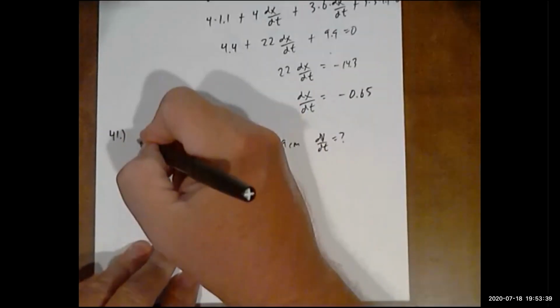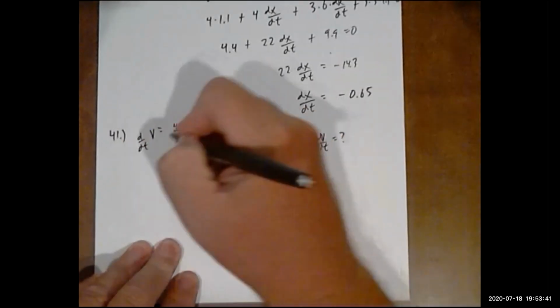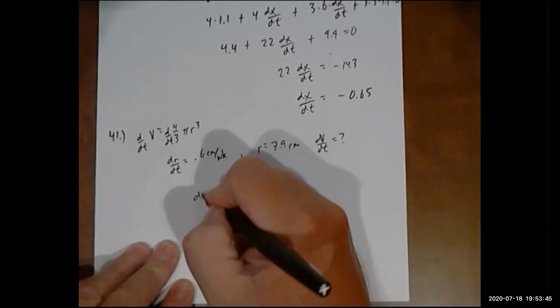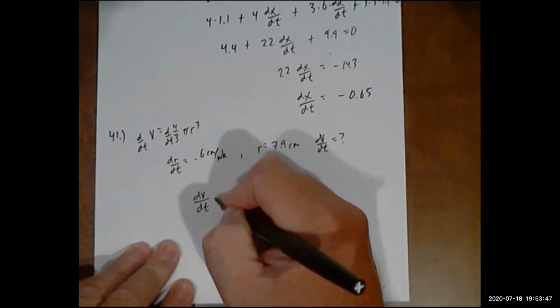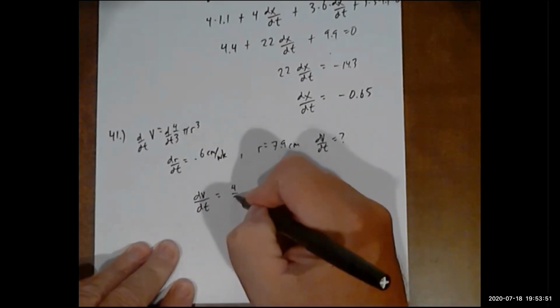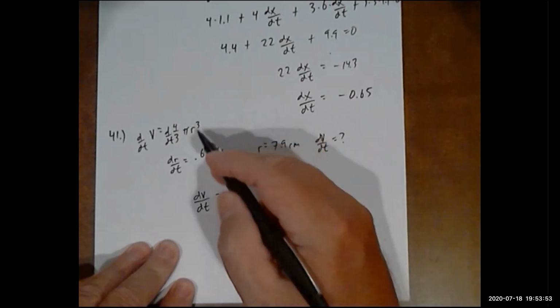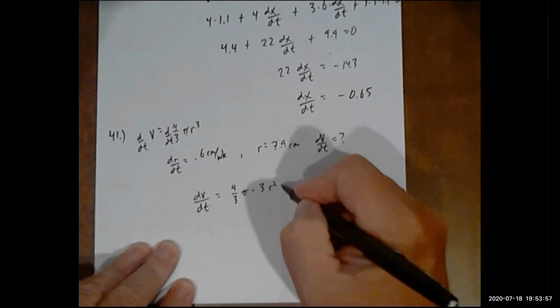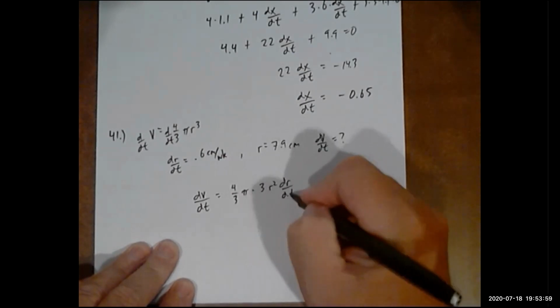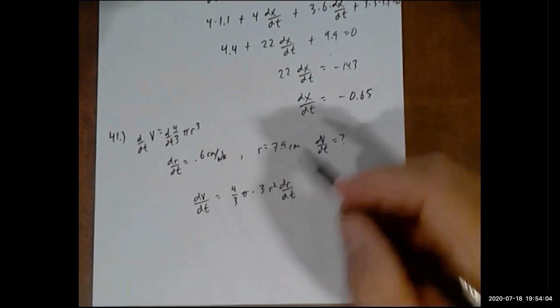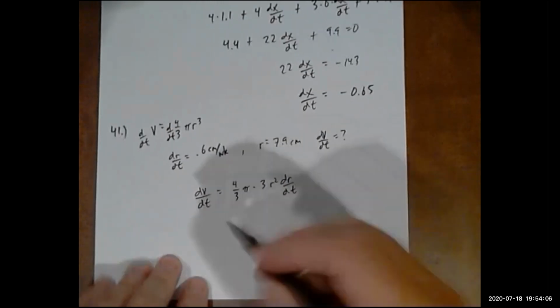Going to take the derivative of this equation with respect to time. Left side, dV/dt. 4/3 pi, those are all just numbers or coefficients, they come out front. Derivative of r cubed, 3r squared dr/dt. And we're solving for dV/dt. I think we know all this stuff.